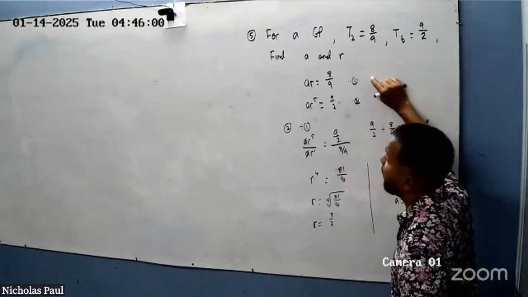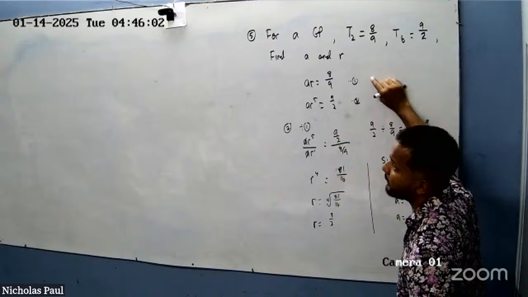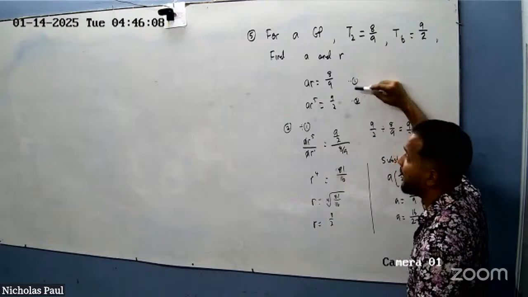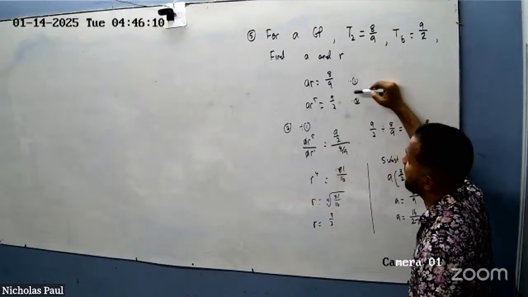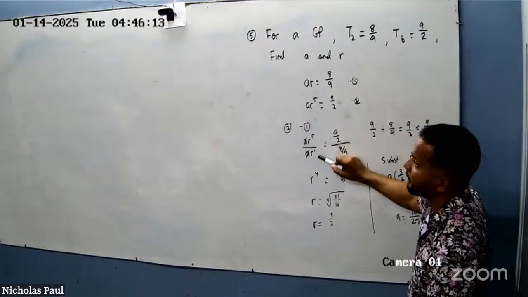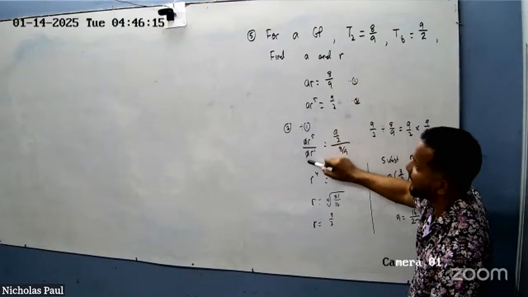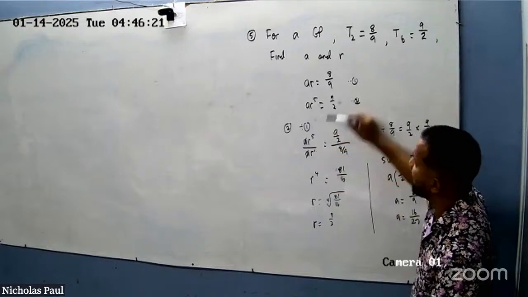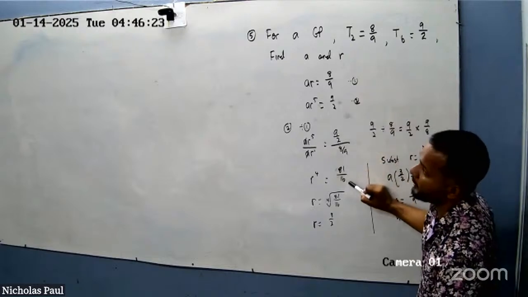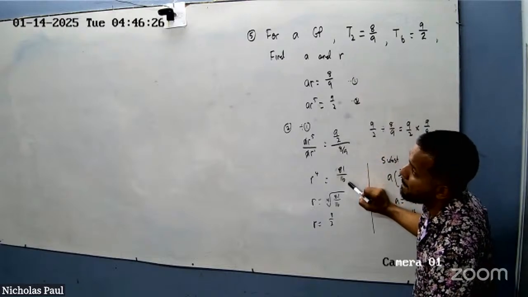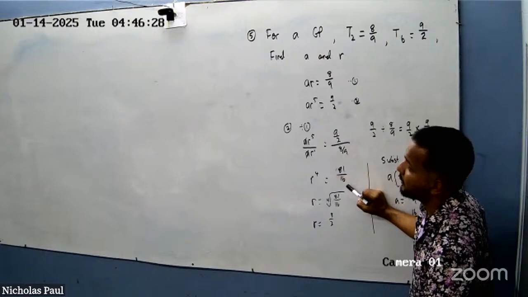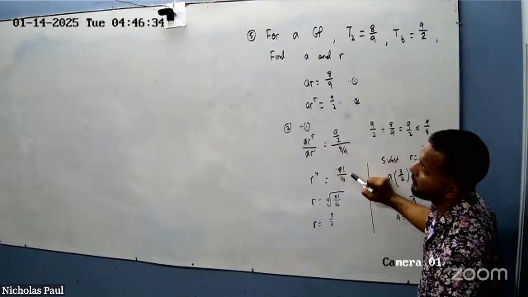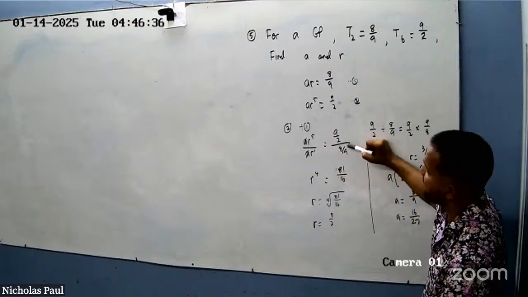So all I did is I just divided. I took this and I divided it by this. The a's cancel, and r to the 5 divided by r is r to the 4th. I divide this by this, and I get 81 on 16. That makes sense? You're doing this straight in the calculator.